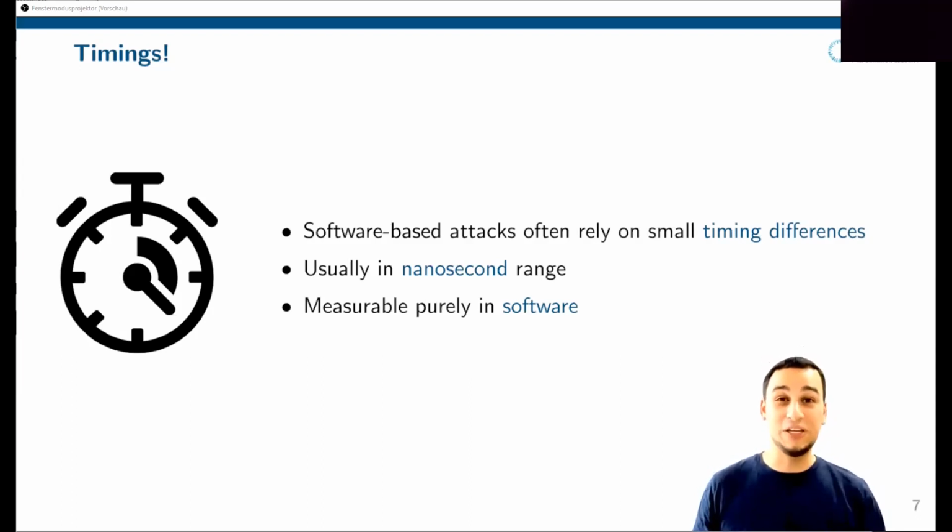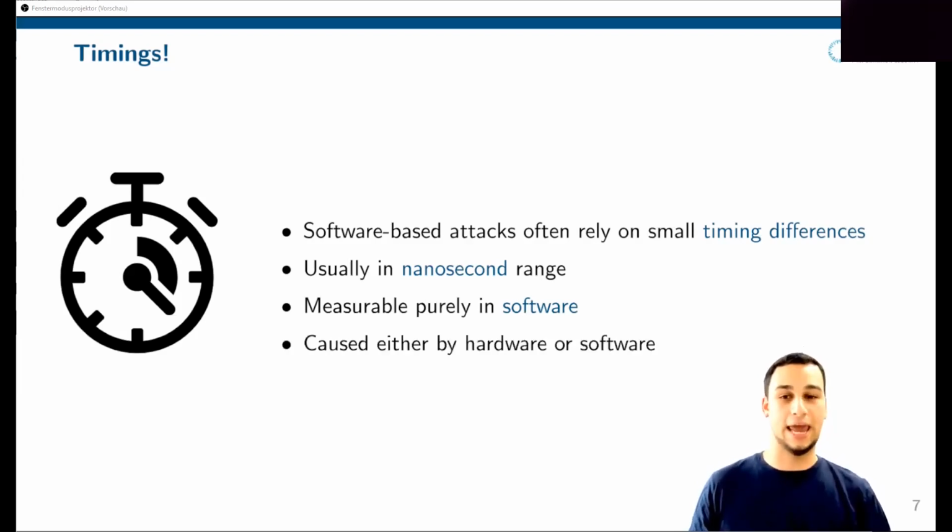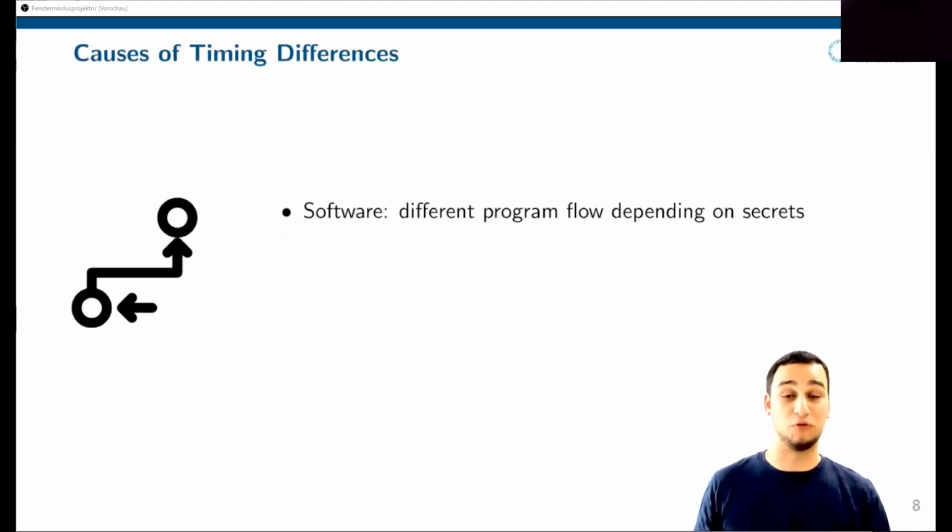No, we can purely do that in software. We have software interfaces that allow us to measure timings in the nanosecond range purely in software as an unprivileged application. And with that, we can measure these small timing differences that are either caused by the software or by the hardware. So we can be interested in both.